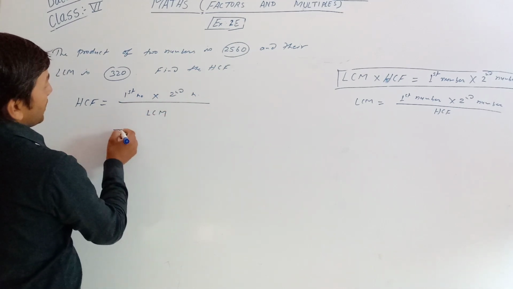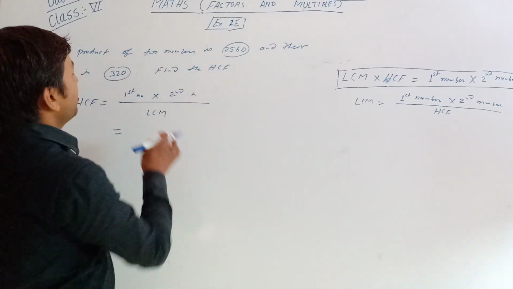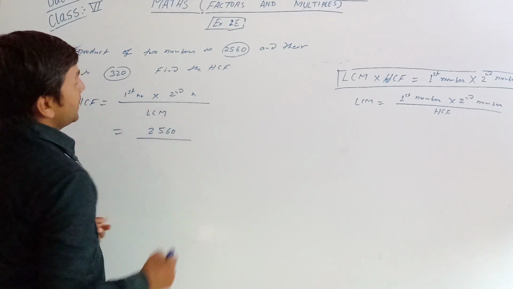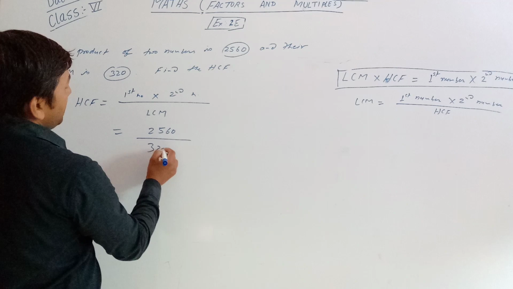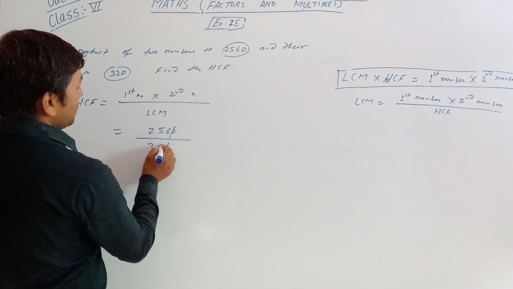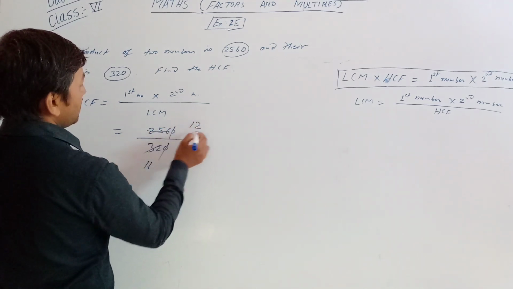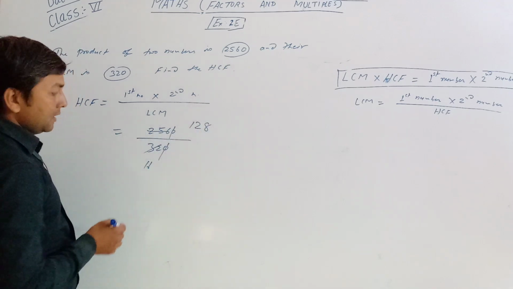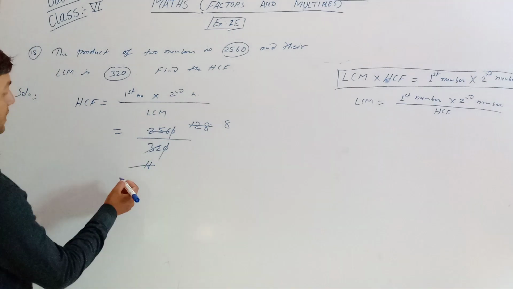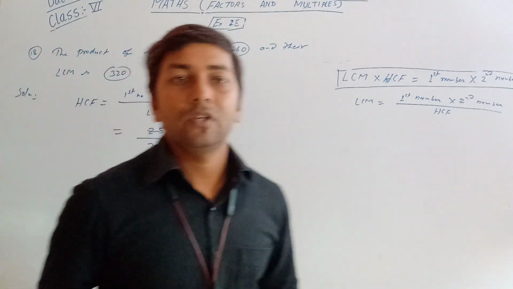First number and second number, the product of the two numbers is already given, and LCM is also given, 320. Okay, now cut that one by 2, you can also cut 16 by 2, 2 1s are 2, 2 4s are 8, and directly 8 times you can get 8. So 8 will be the answer. Okay, this type you will solve the exercise 2E.